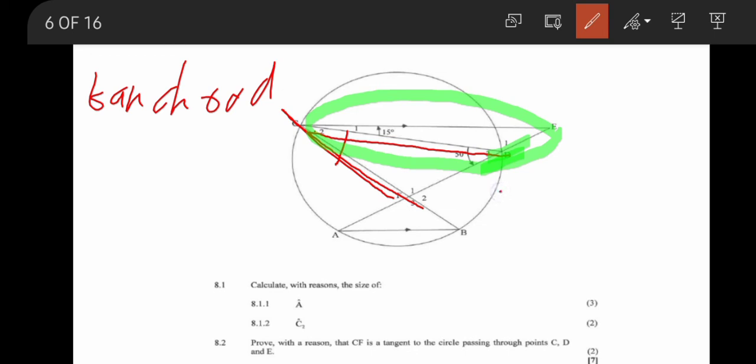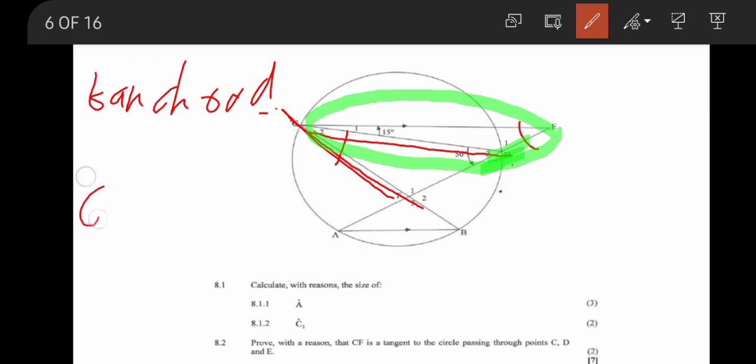How do we find the angle on the alternate segment? Hold the ends of the chord, and where they meet, that's where the alternate segment is. So the alternate segment here is angle E. In other words, we must prove that C2 is equal to angle E.